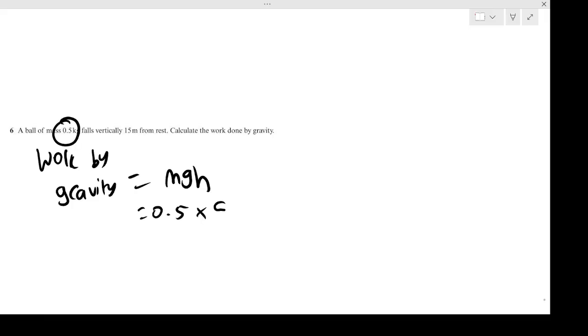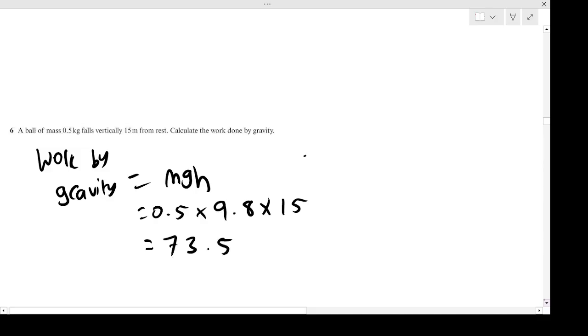We're going to take G to be 9.8, and the height is 15 meters down. So it's 15. Simply put that in a calculator. We get 73.5, and that being joules. And so there we are.